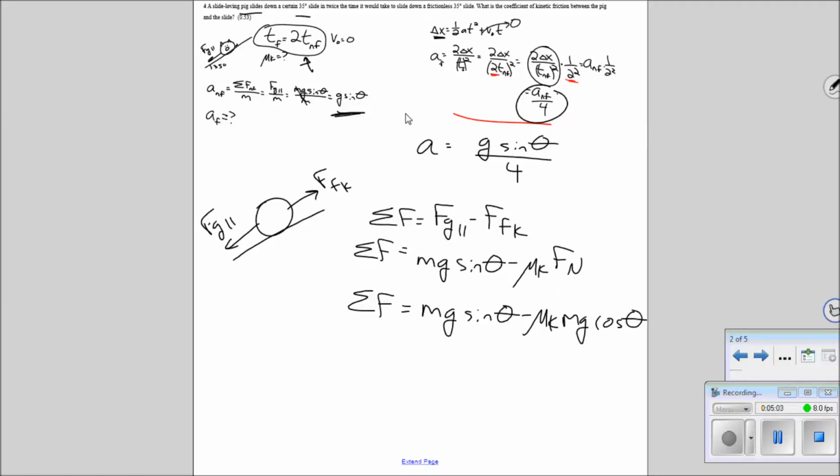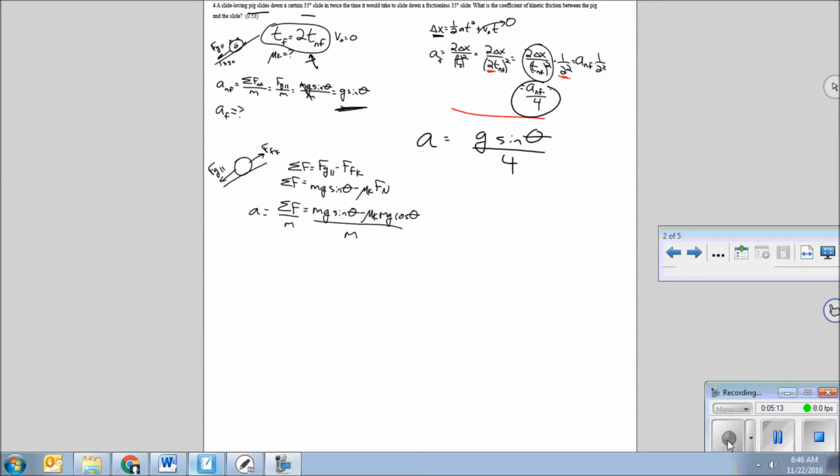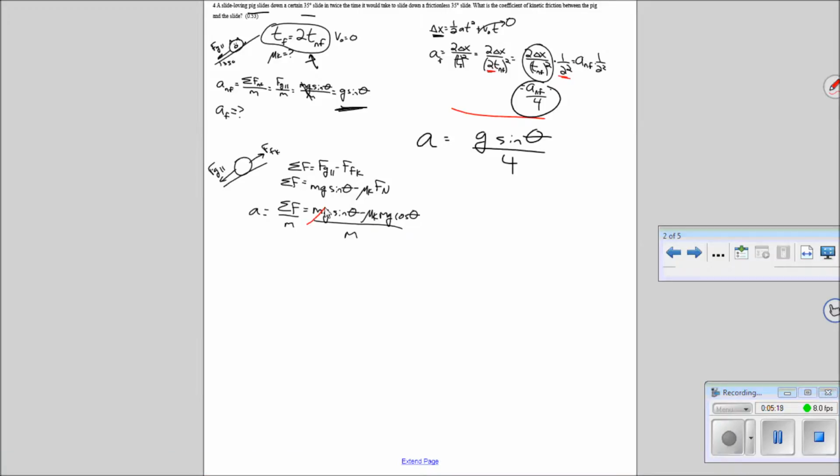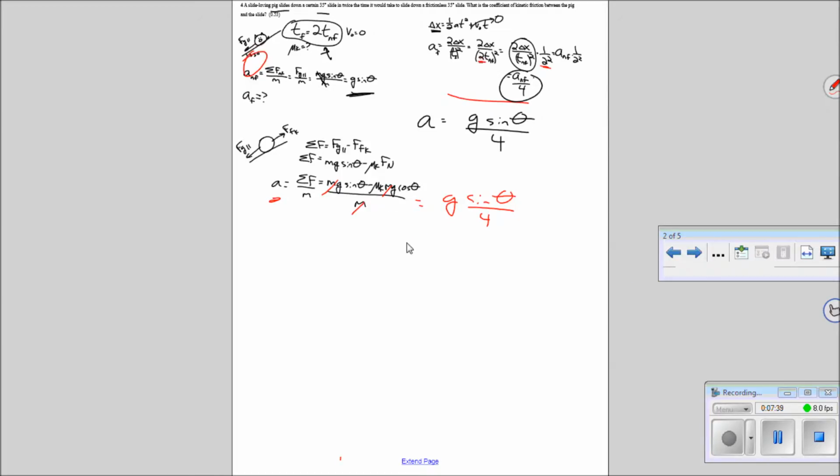And so if I divide that whole thing by mass, that should give me my acceleration, right? Okay, so we just divided everything by m, so these m's are going to cancel out, and this whole mess equals g sine theta over 4. The equation I'm looking at now is g sine theta minus mu k times g cosine theta equals g sine theta over 4, right?